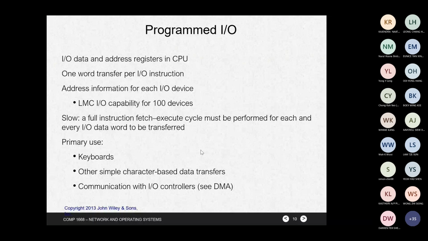So we have slow I/O and we have the super fast I/O that we have today. Your phone is definitely super fast. Your smart TV, your laptop can upload and download millions of instructions or megabits in a second.